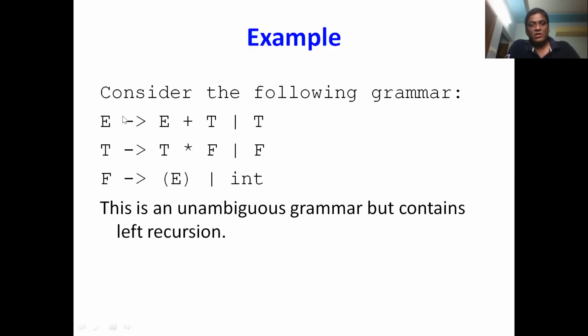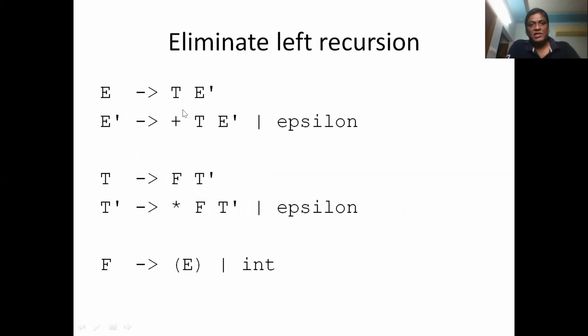The formula, if you can recollect: if the production is A implies A alpha or beta, the conversion process is to introduce a new variable, let us say A dash, and use this beta over there. So E implies T E dash, that is A implies beta A dash, that is the formula, and A dash implies alpha A dash or epsilon, that is the formula.